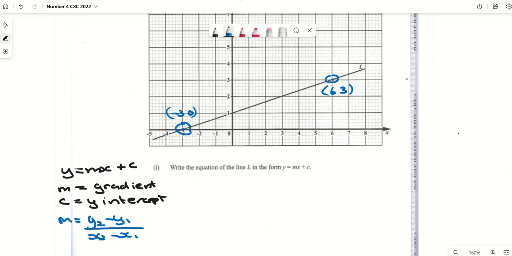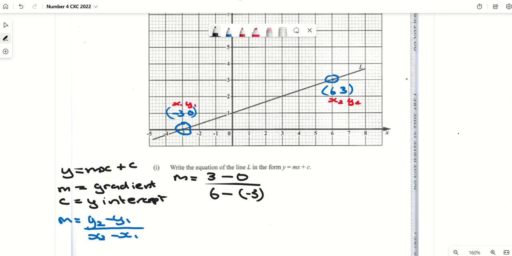So what we have to do is choose one as point 1 and one as point 2. This one is point 1, so this is x1, this is y1. And this is x2 and this is y2. Now we're going to put it in this formula. We know the gradient, or m, is equal to y2, which is 3, minus y1, which is 0, divided by x2, which is 6, minus x1, which is negative 3.